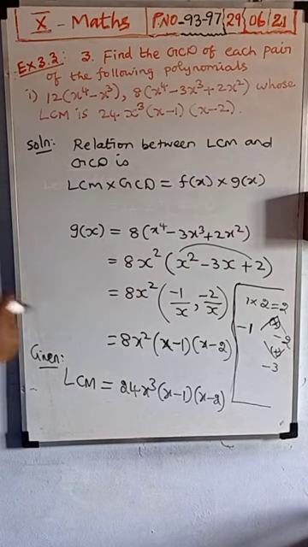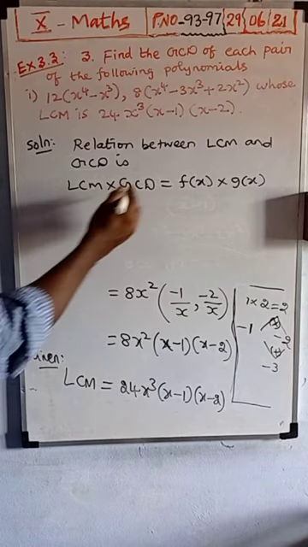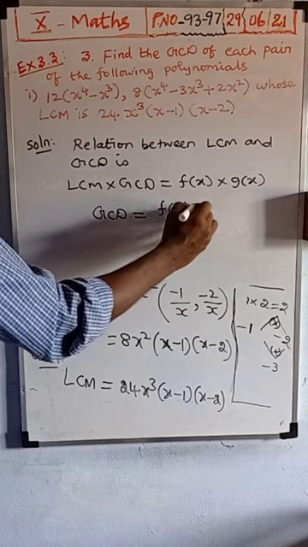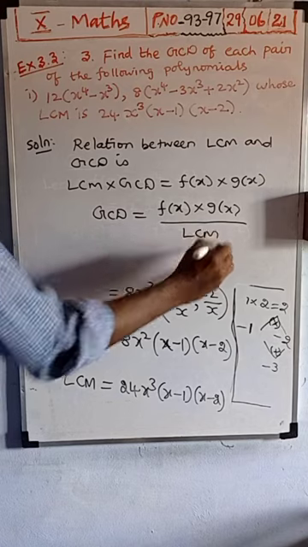The product of two polynomials is equal to the product of LCM and GCD. Here we need only the GCD. So for GCD, f of x into g of x, with the LCM going to this side, divided by LCM. This is the GCD formula.